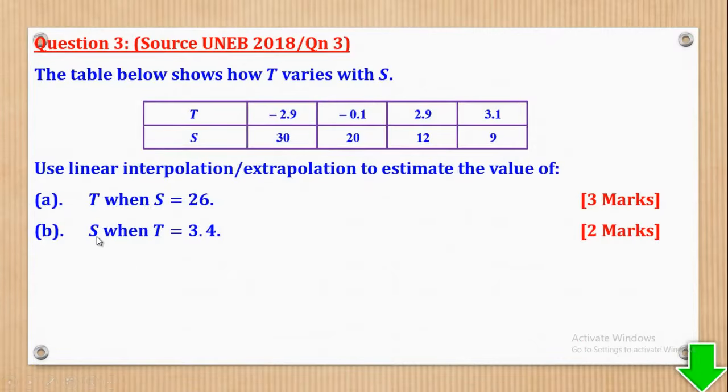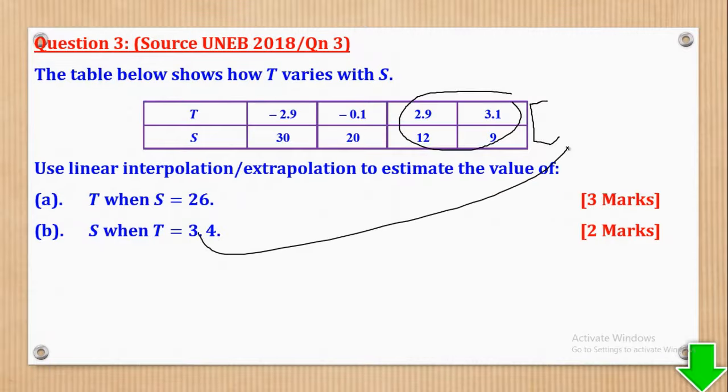Next they want the value of s when t is 3.4. Now 3.4 is actually outside here, so the closest values are 2.9 and 3.1. So we are going to extract out these values, and we shall add another column which has 3.4 as t.